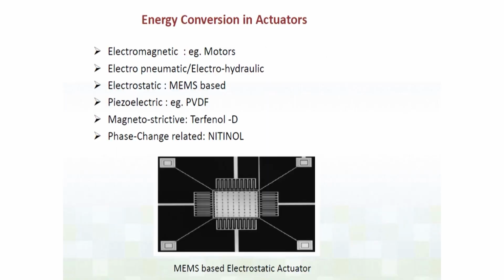Now, energy conversion in actuators generally takes place in 6 different ways. The first and foremost is of course electromagnetic, like the motors, and then electro-pneumatic and electro-hydraulic systems, and then electrostatic MEMS based systems, something like what I have shown you here, and piezoelectric systems. The last 3 are smart systems, based on the smart materials that we discussed in the last class while talking about the sensors: piezoelectric such as PVDF, magnetostrictive such as Terfenol-D, and phase change related such as Nitinol.